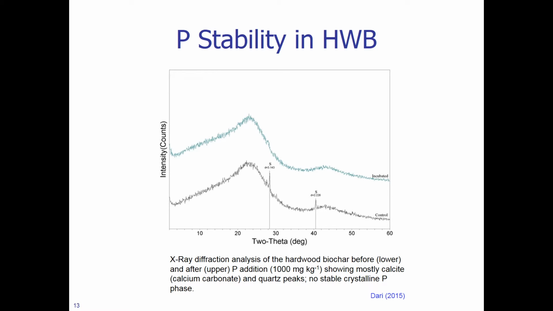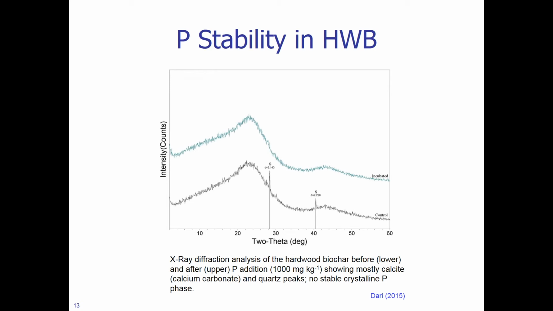And the upper graph is the P addition at 1,000 milligrams per kilogram of added P. And what do we notice? There is absolutely no difference. It shows mainly calcite or calcium carbonate peaks and quartz peaks. It does not show a stable crystalline P phase.